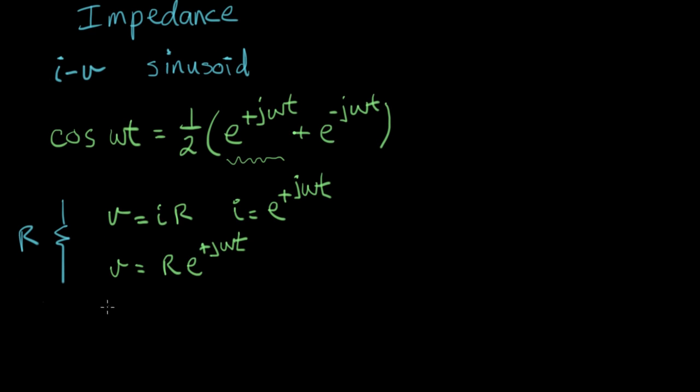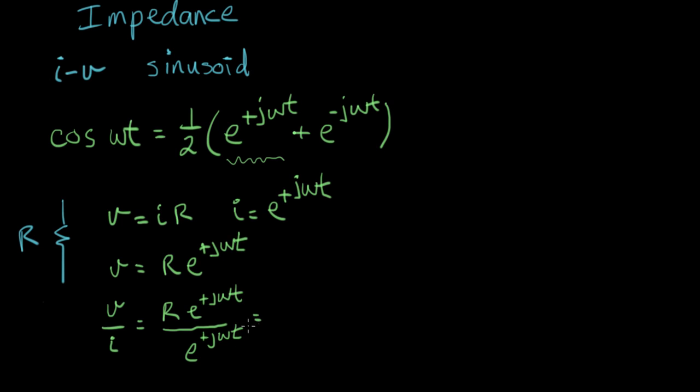Now I'm going to do something that looks like it's a little too simple, but it's going to get interesting soon. I want to look at the ratio of voltage to current in this situation where we're driving with this complex exponential. So voltage turned out to be R e to the plus j omega t, and that's the voltage I get if I put current through the resistor of e to the plus j omega t.